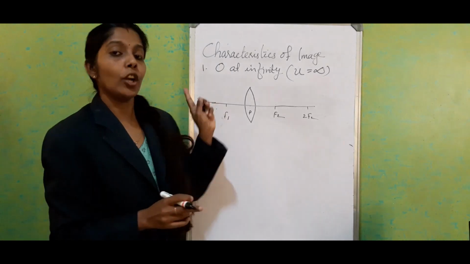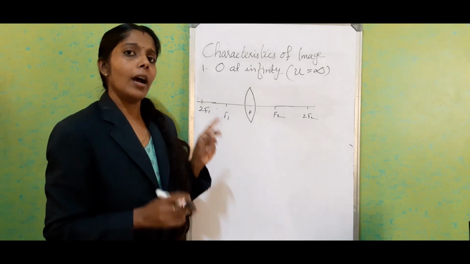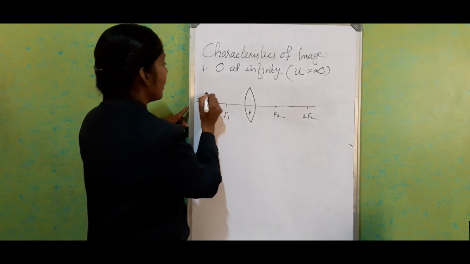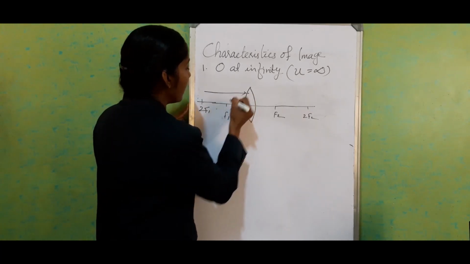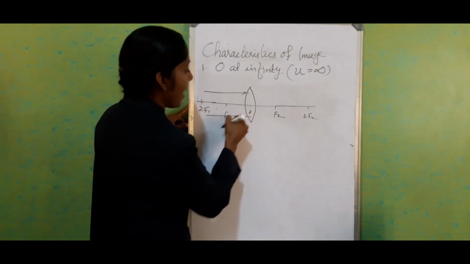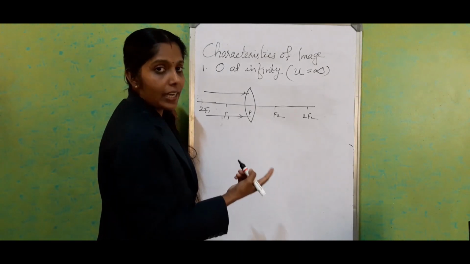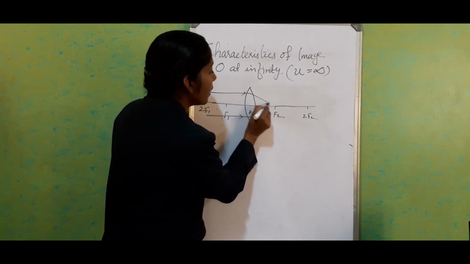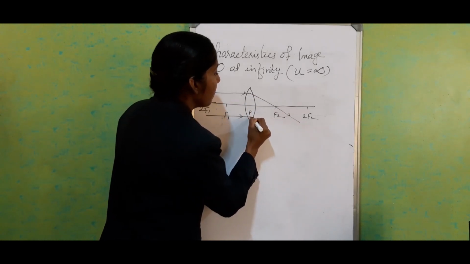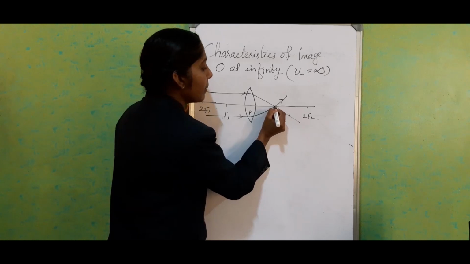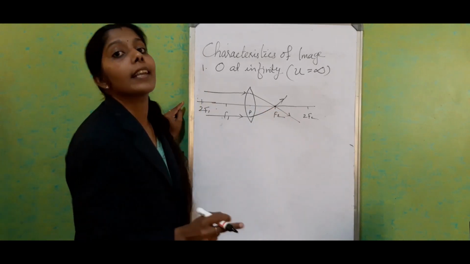So first condition, object is at infinity. I am taking the rays which are parallel to the principal axis. We know that when the rays are parallel to the principal axis, after the refraction they pass through the second focus. So for the first case, we will get the image on the second focus.